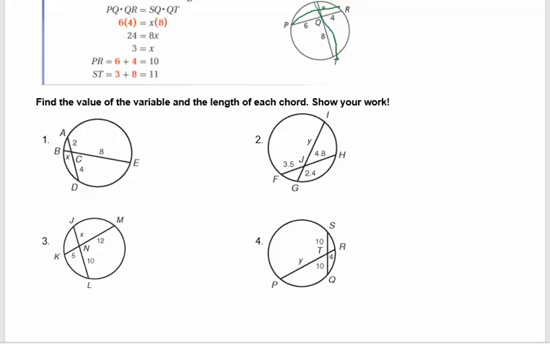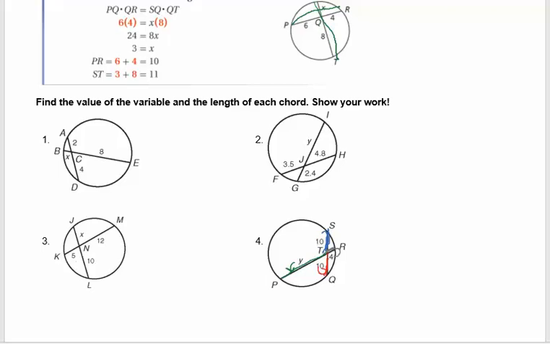So in number 4, we're looking for y, which is PT. We are given that ST is 10 and that TQ is also 10. And then we have a little segment over here that TR is 4.